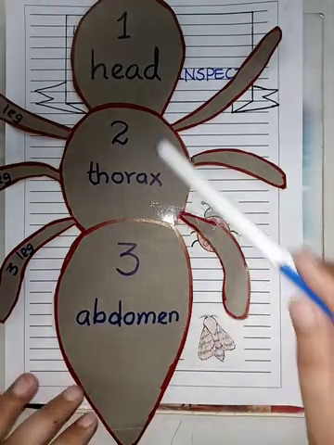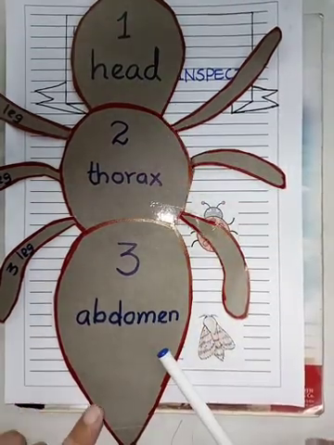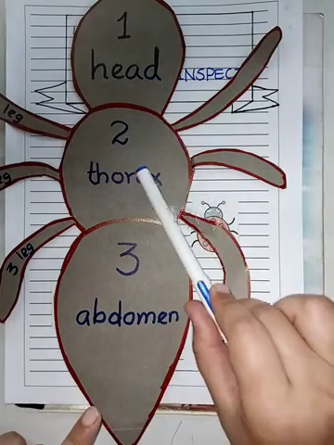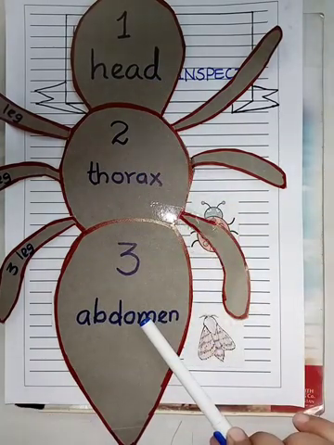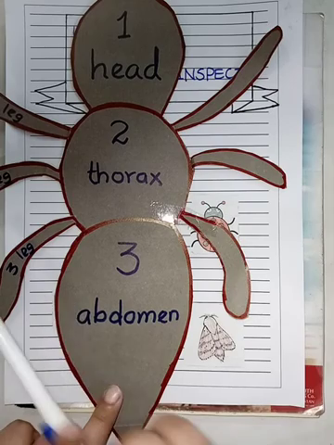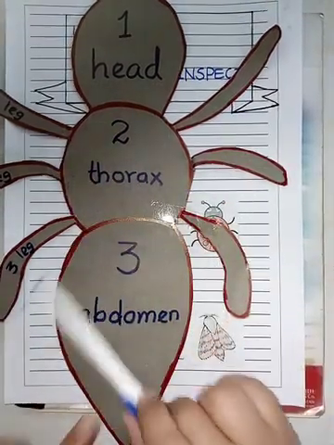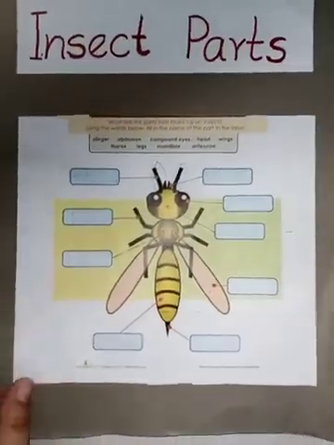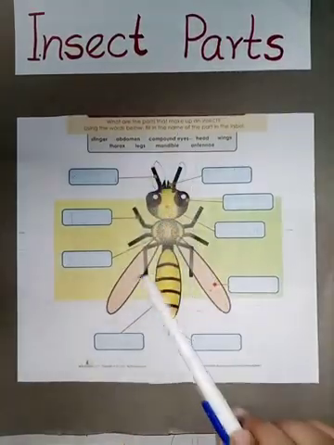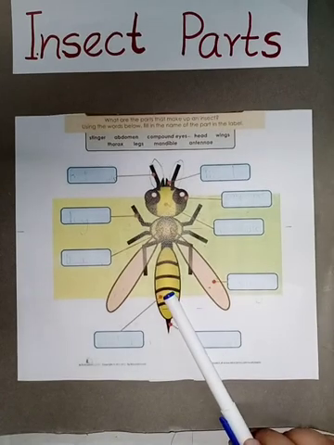We read about the insect, that an insect's body is divided into 3 parts. The first is head, the second one is thorax, and the third one is abdomen, right? Insects have 3 pairs of legs, and some insects, not all the insects, have antennae and some have wings also, right?